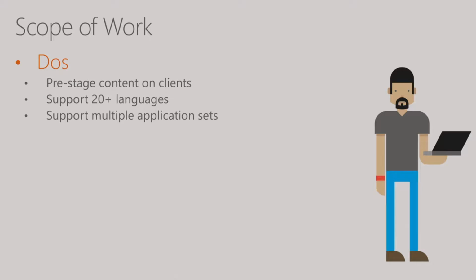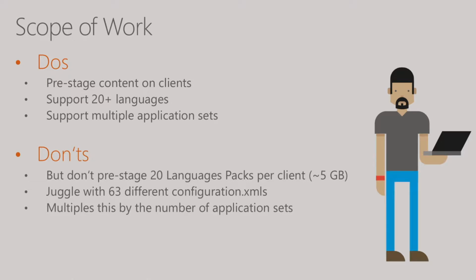When we are looking at deploying Pro Plus, the deployment is controlled by a configuration XML, which is kind of a static file. So when we combine multiple application sets, so core package with Access, core package with Publisher, core package with Access and Publisher, and multiply it by the number of languages that we have to support, we would end up with several hundreds of configuration files, which are very specific to a certain configuration per client.